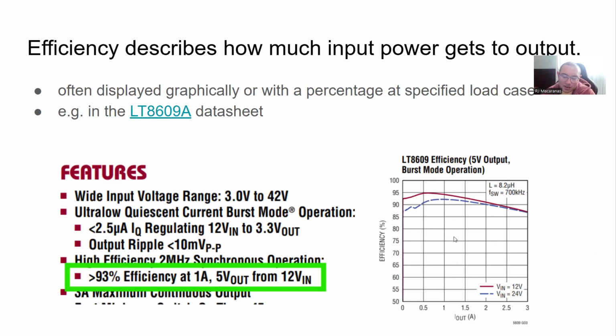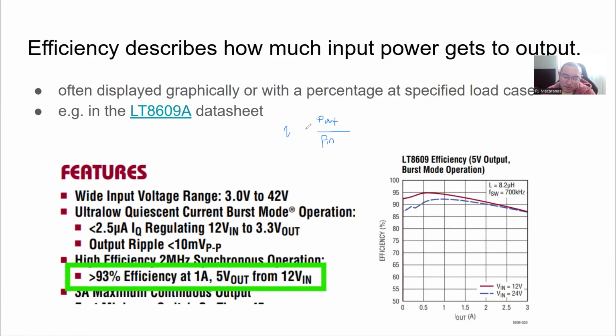One thing that's kind of interesting is that technically there is no efficiency at 0 load. Right, if you look at P out over P in, this is my equation for efficiency, how much of the input power is getting to the output.